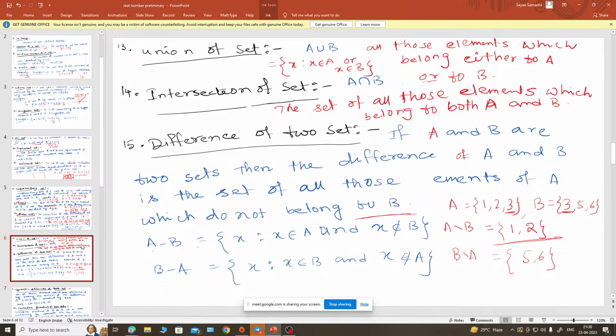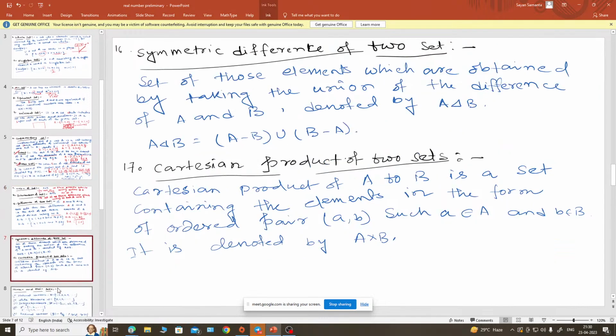Okay. Now go to the second page. Symmetric difference of two sets.